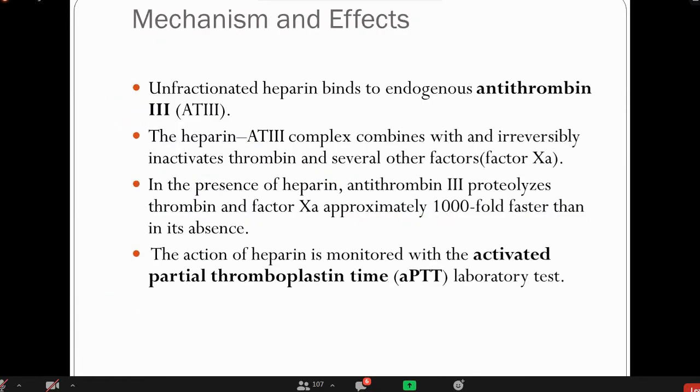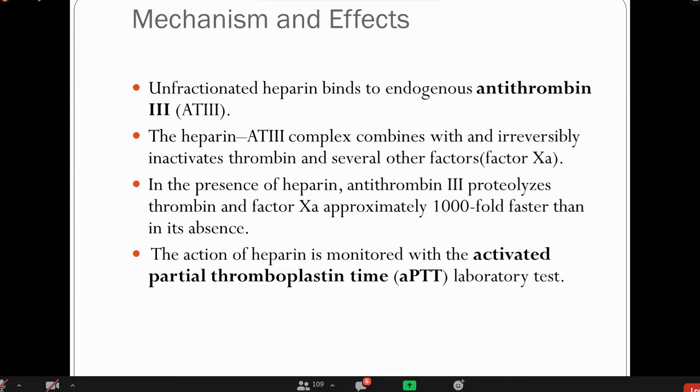Now, how is heparin going to produce its anticoagulant effect? Unfractionated heparin binds to endogenous antithrombin 3, which is present in the body. This heparin and antithrombin 3 complex combines with and irreversibly inactivates thrombin and factor 10. So initially that's why we were focusing on these two steps, right?